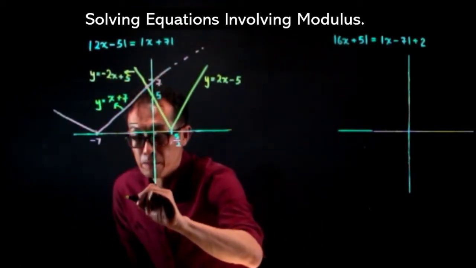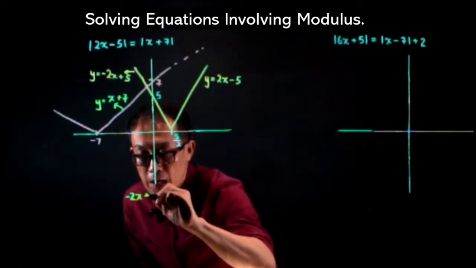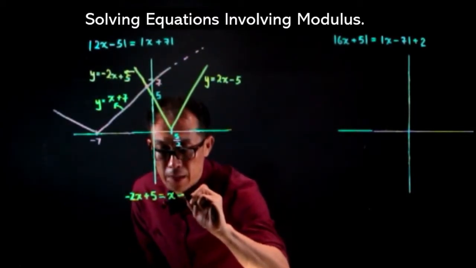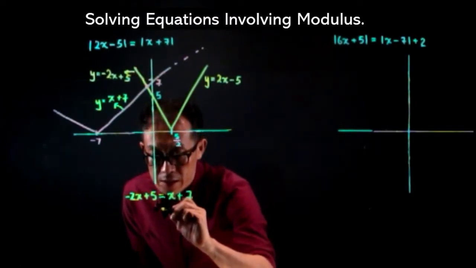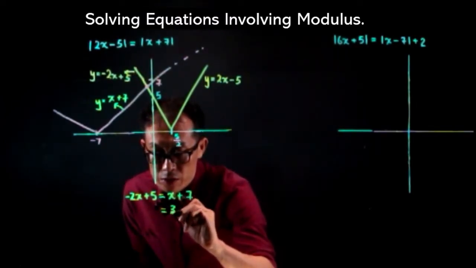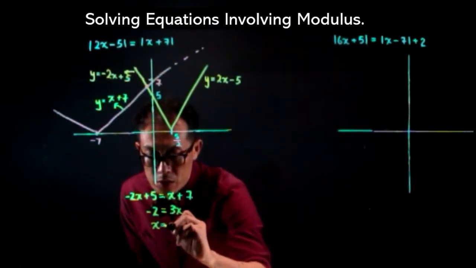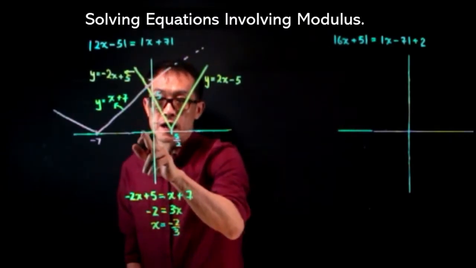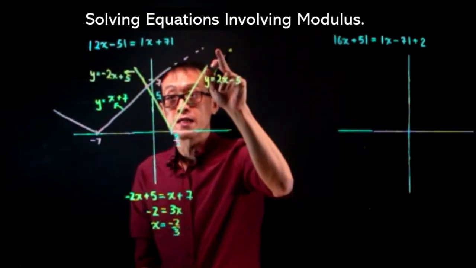So you have minus 2x plus 5 equals x plus 7. You bring the x across to this side, so you get 3x equals minus 2. So x equals minus 2/3. So this part is minus 2/3. How about this intersection?